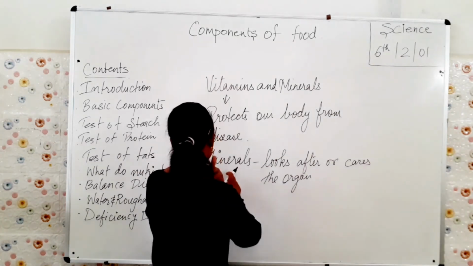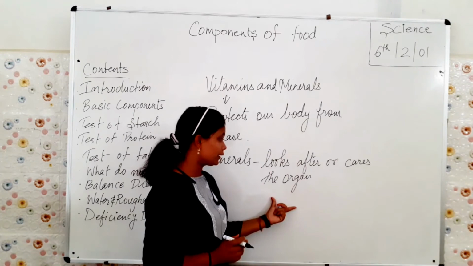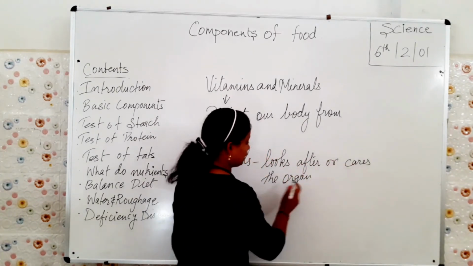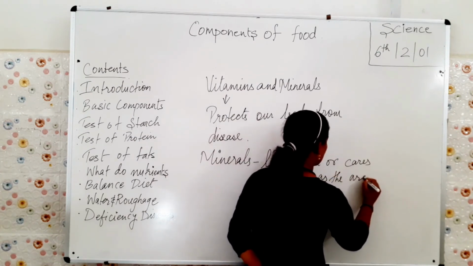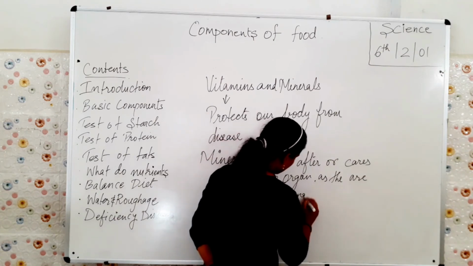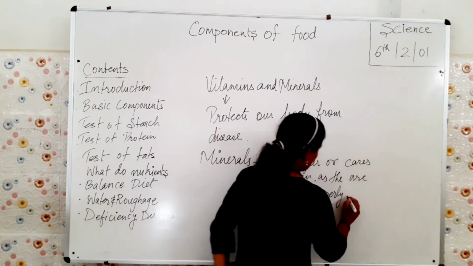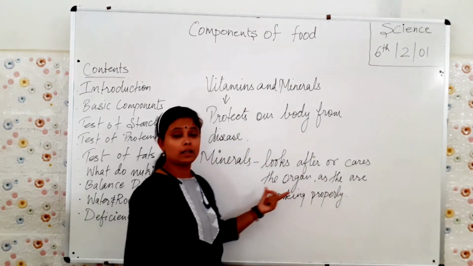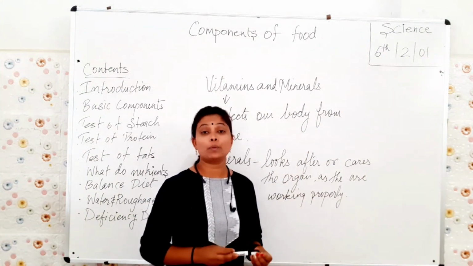In the same way, minerals are the parents of the organs. They look after the organs so that they are working properly. Okay, so their responsibility is to take care that the organs are working properly.